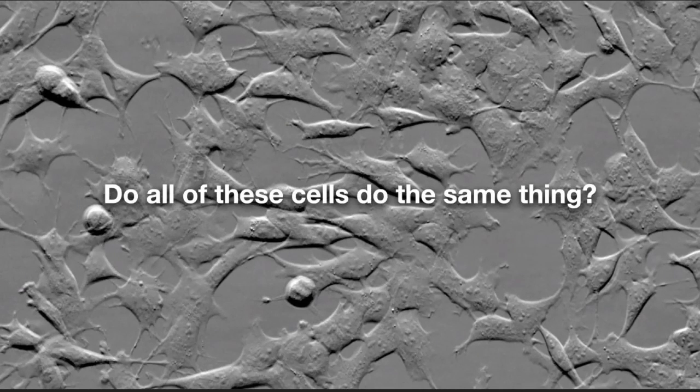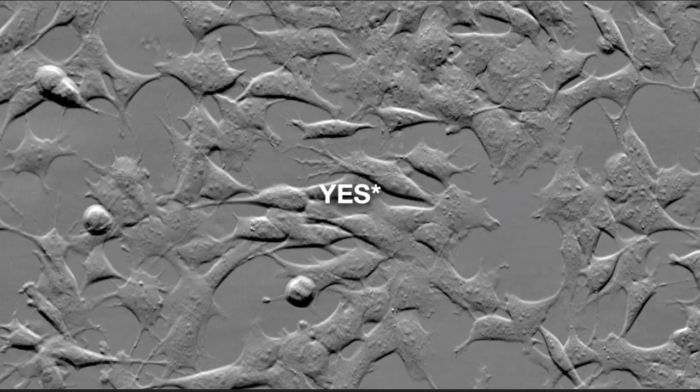And unfortunately, I would say for the field, if you take one cell, grow it out in a dish, and you have all these cells that look pretty much the same, the answer as to whether all these cells do the same thing is generally yes, they do all the same thing. So, are there really any consequences to these differences? It's been hard to find.